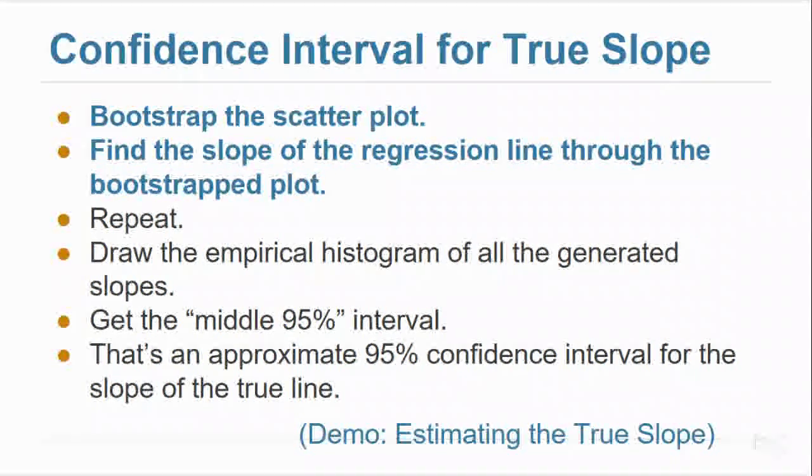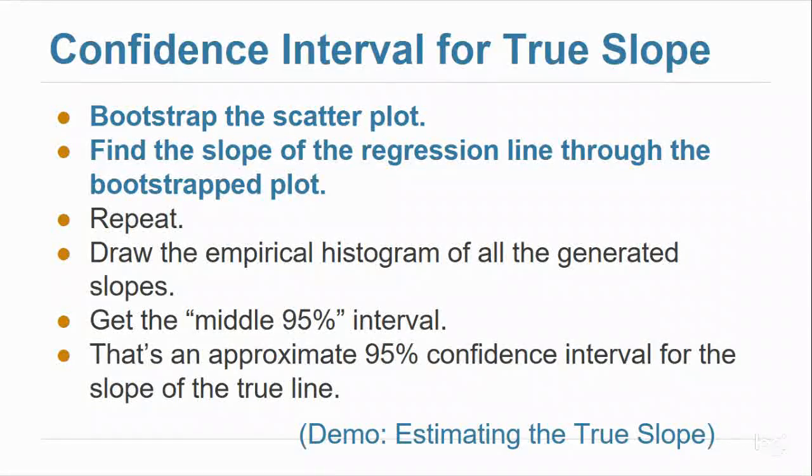Now we'll try to use bootstrapping to get a confidence interval for the true slope of the regression line. To get a confidence interval for the true slope, you first bootstrap the scatter plot. That means that you start with your table and you use the .sample method in order to bootstrap the scatter plot.